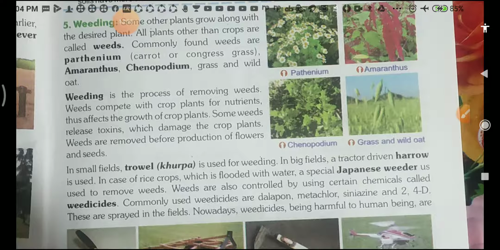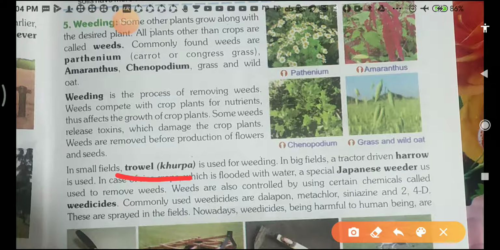Then students, there are lots of implements which we use in removing weeds. First, in small fields, we can use the trowel, that is the khurpa.